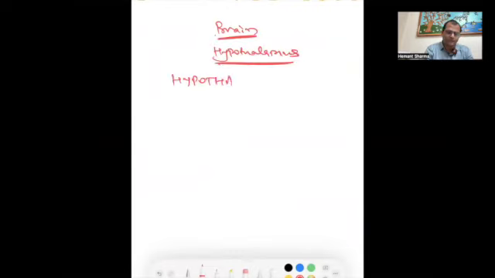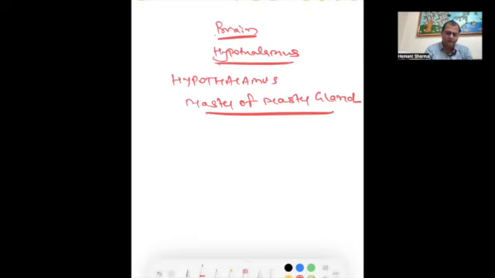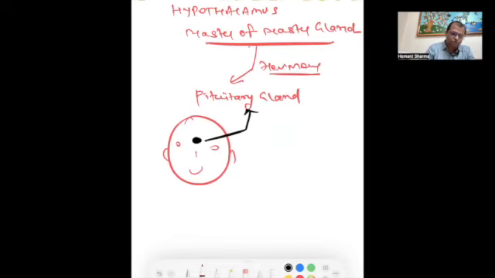So in the brain there is a part that is called the hypothalamus. The hypothalamus is called the master of master glands, super master. 它是我们最主要的一个腺体。When the hypothalamus is secreting some hormones, it is commanding the pituitary gland. The pituitary gland is a very important gland.